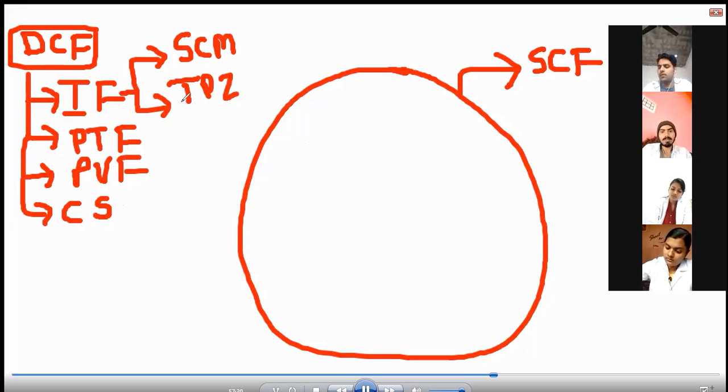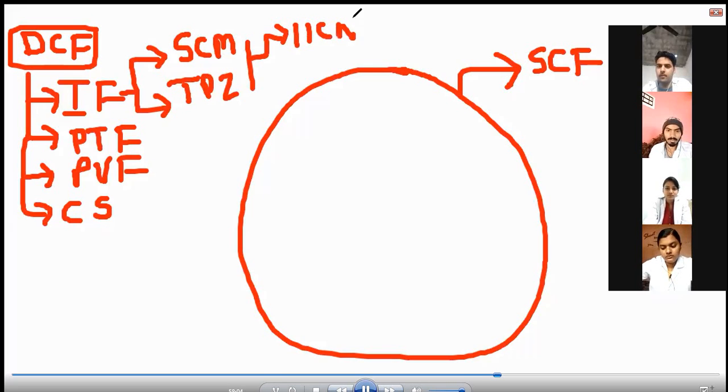So if anyone asks you what is investing fascia, you say, sir, investing fascia is covering the two muscles of the neck region, and the names of the two muscles are sternocleidomastoid muscle and trapezius muscle. Both are innervated by the 11th cranial nerve. Both are innervated by which nerve? 11th cranial nerve, that is your accessory nerve.